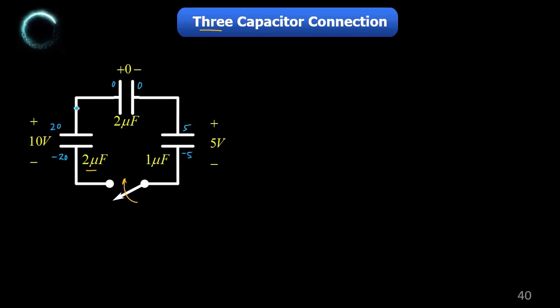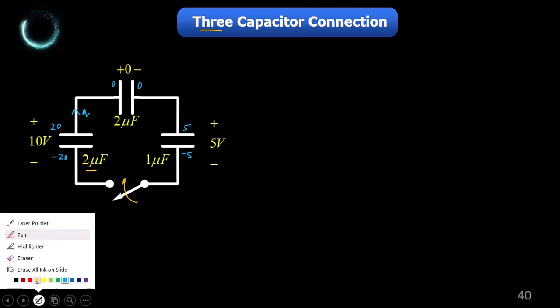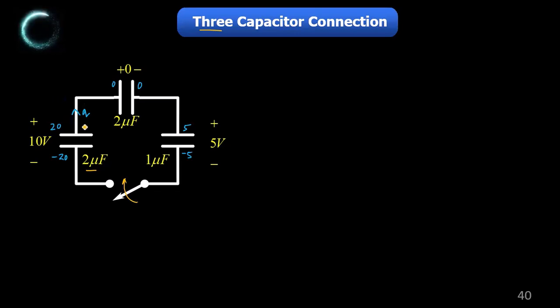Let us say charge Q has flowed. So for the second phase, the charge left on this plate is 20 minus Q. On this plate we add charge plus Q, and on this plate we take out charge, minus Q. Then again I am depositing charge on the 5 plate, so it is 5 plus Q. Similarly here it is minus 5 minus Q, and then minus 20 plus Q. These are the charge distributions after the connection of the capacitors.